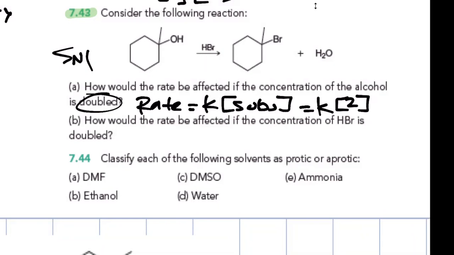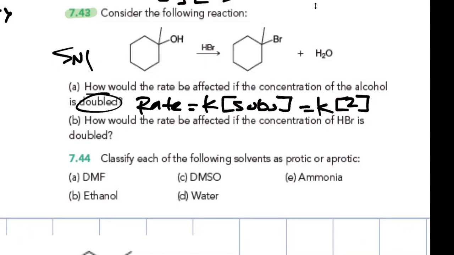If I double it, triple it, cut it in half, increase it by 10, whatever I do, that's the effect that you're going to see on the rate. So if I double the concentration, then the rate is going to double. If I triple it, then the rate is going to triple. If I quadruple it, then the rate will quadruple. You following? Yeah. So it would double.